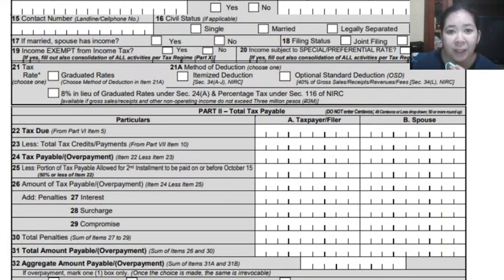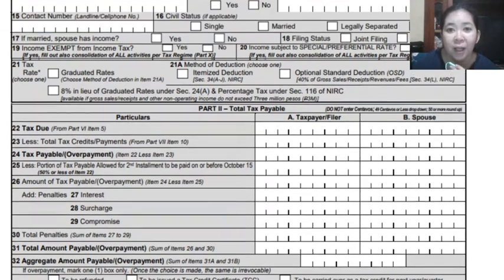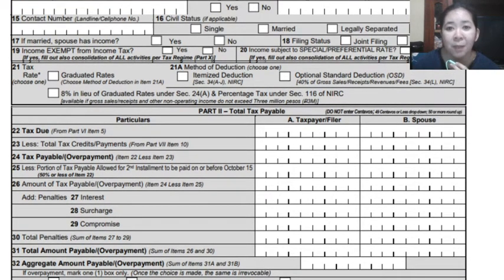The second part is the total tax payable. Here, the taxpayer can also file together with their spouse if they wish to file a combined income tax return. Here we have the tax due, which was computed in the example in our module number 2. From the tax due, we will deduct the total tax credits or payments in the previous taxable period.